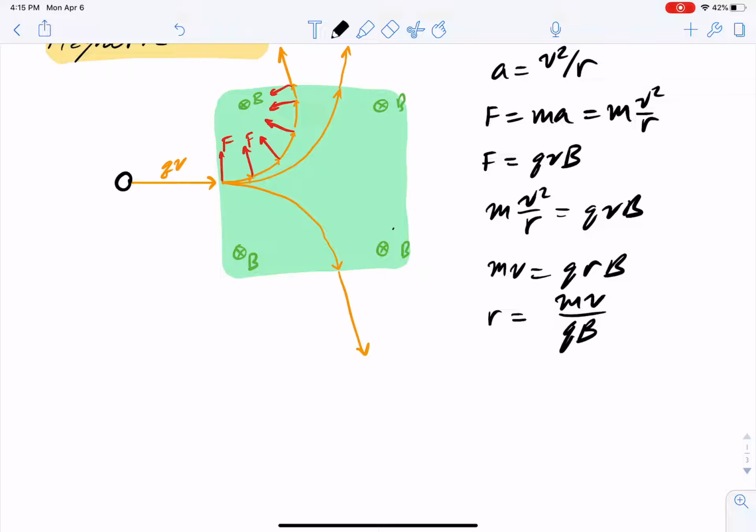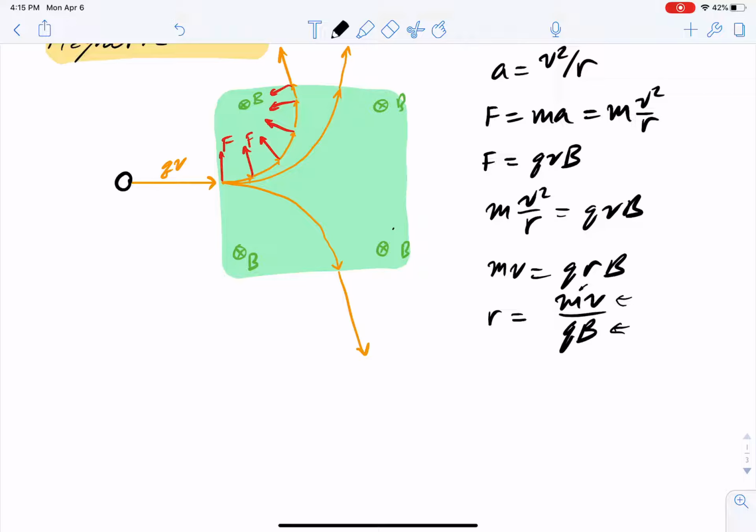we see that if the velocity is bigger, we get a larger radius for these curves. And if the magnetic field is bigger, we get a smaller radius. The same thing, we could look at the mass. If we had a bigger mass, we get a bigger radius.